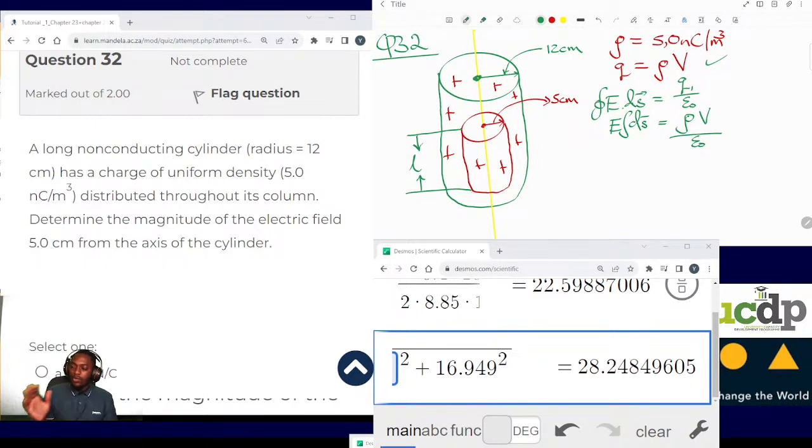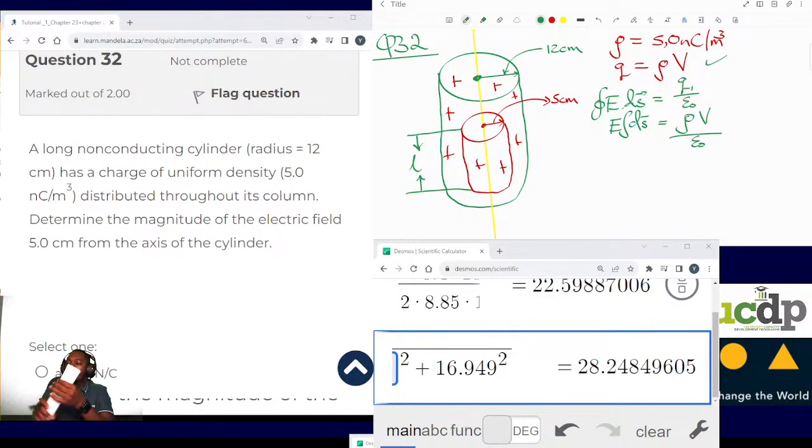To calculate the surface area of our Gaussian surface, we multiply the circumference and the length. For example, this is our cylinder.